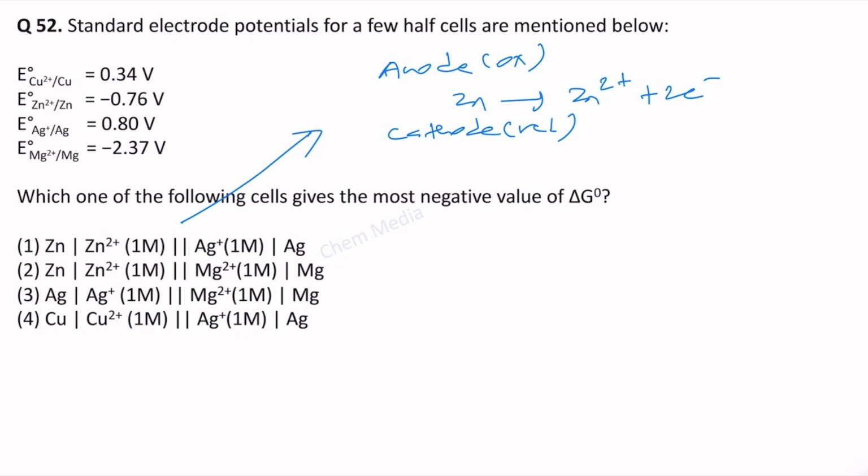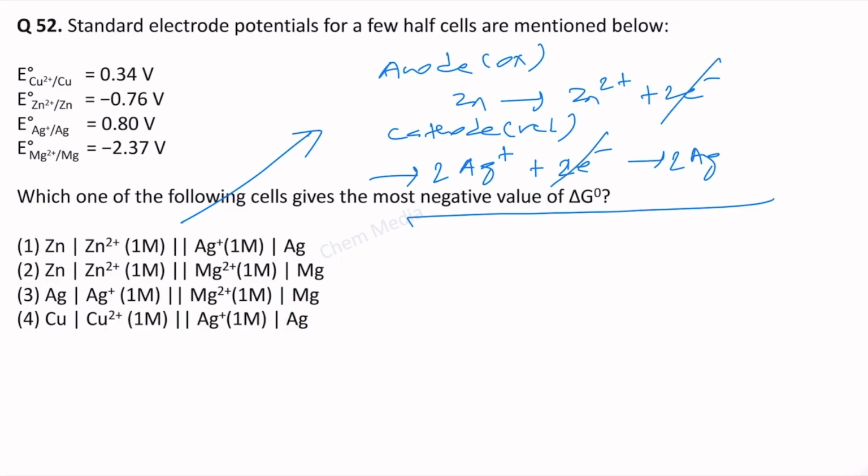So, Ag plus gaining an electron and becoming Ag. But to balance the reaction, we have to multiply this entire equation with 2, isn't it? Otherwise, we can't balance the equation. So, everywhere the number of moles of electrons is going to be 2. So, that is also constant.